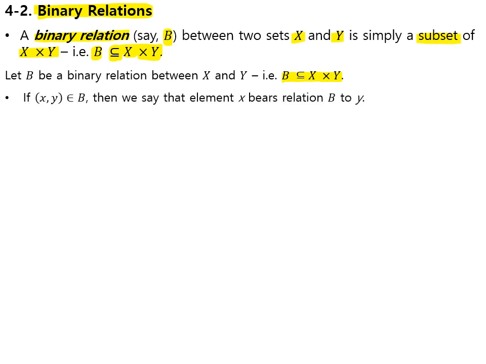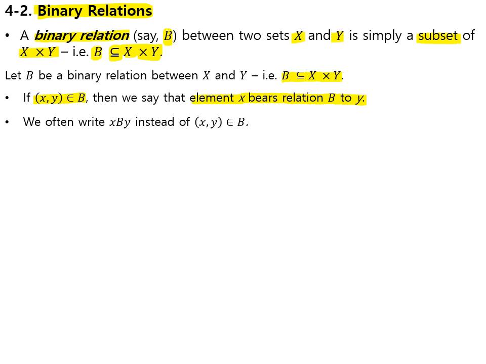If the ordered pair (x, y) is an element of the binary relation B, then we're going to say that x bears the relation B to y. Okay?